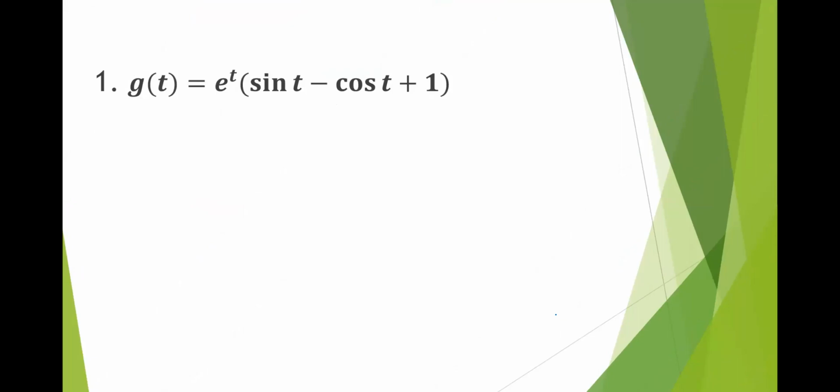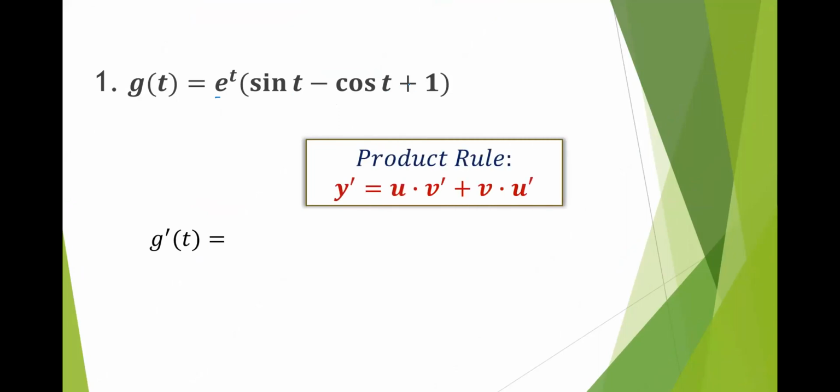In general, this is a product, product siya ng e to the t and this expression, sine t minus cosine t plus 1. So, product rule will prevail. Gamitin natin yung product rule, which states that the derivative of this function is copy, differentiate, plus copy, differentiate. So, let's get first the individual derivatives.